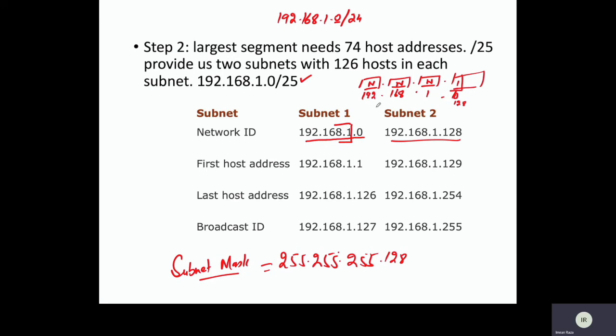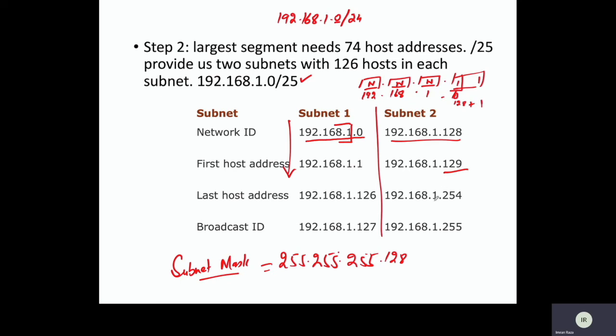For this subnet, the address of the first node would be 192.168.1.1, and it will go up to .126, because 127 will be the broadcast address. If I take the other subnet, 192.168.1.128, and turn on one bit in the host portion, the first address would be 192.168.1.129. Yes, you're right.